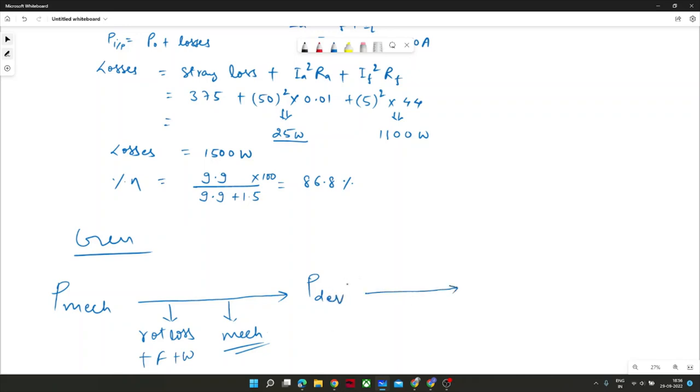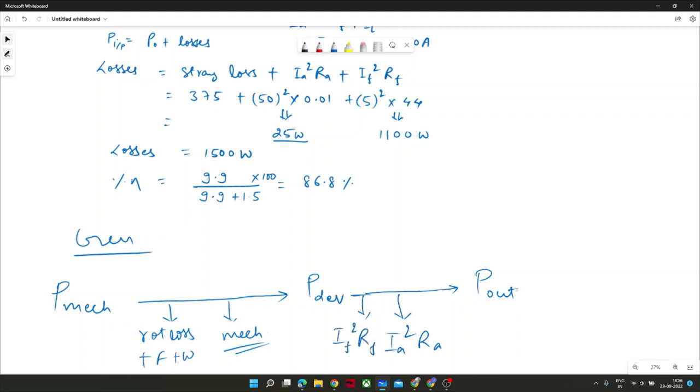Then after this, which is the developed power, comes the copper loss in armature, I square RA, and that would come out to be output. And since the field is integrated in the circuit, IF square RF would also be there.